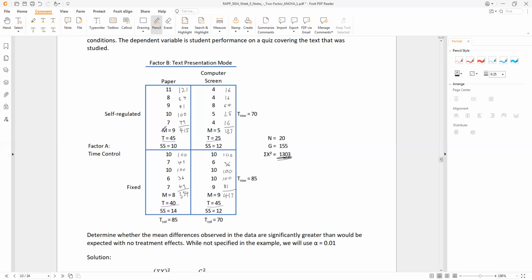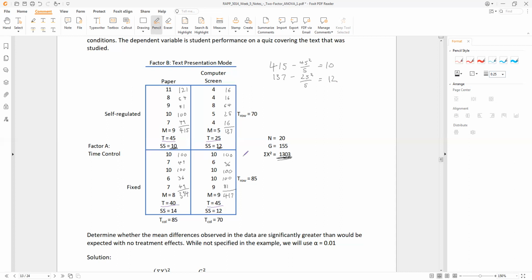And then what I can do now is the SS for each of these. So I'm going to do the 415 and the 45 squared over 5. So 415 minus 45 squared over 5 is 10. That's the SS here. And then we do the 137 minus 25 squared over 5 is 12.